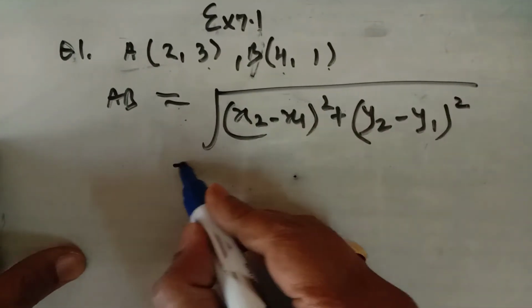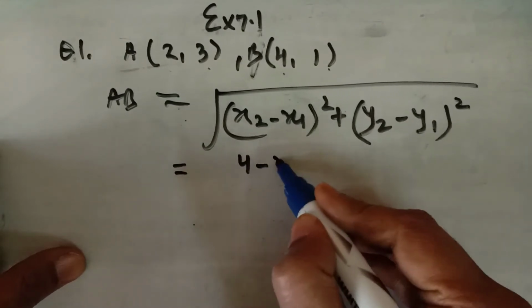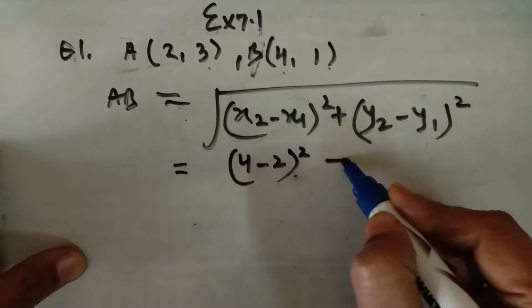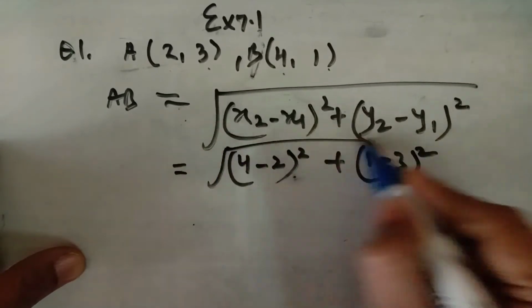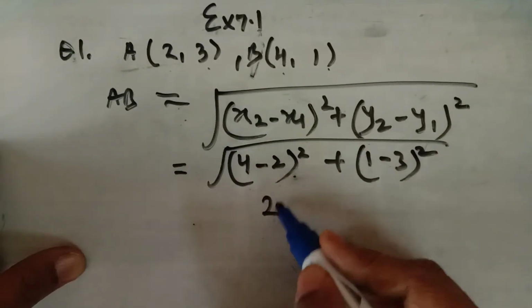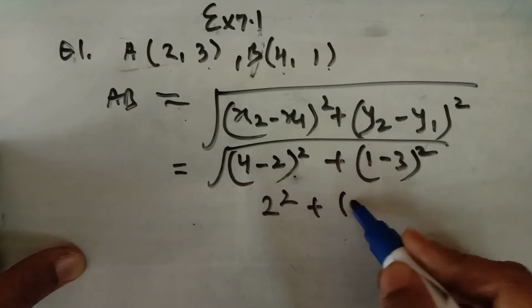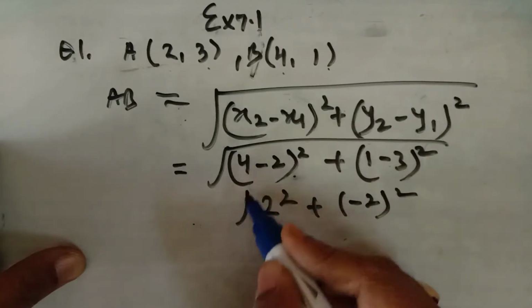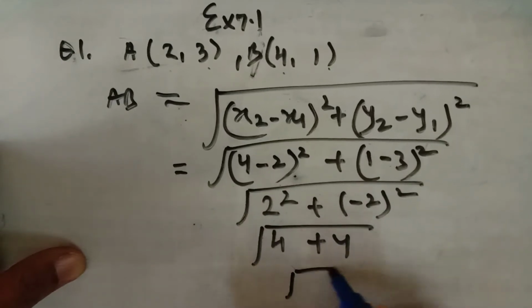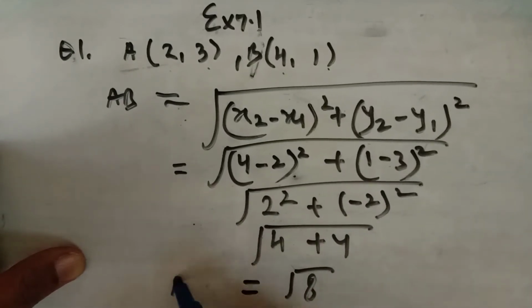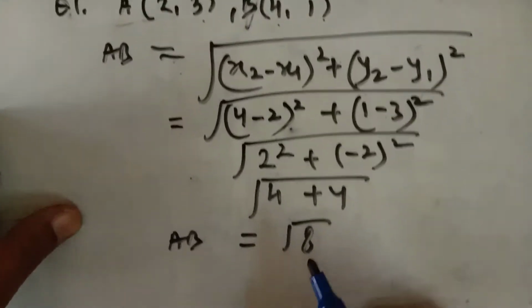So use this formula. 4 minus 2, that is 2 square, 1 minus 3, that is minus 2 whole square, under root. So it will be 4 plus 4 under root, that is root 8, the distance between the 2 points which I let be A and B.